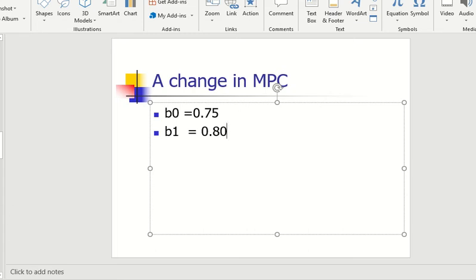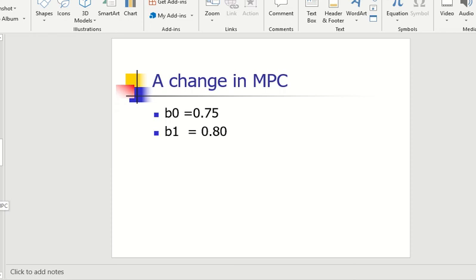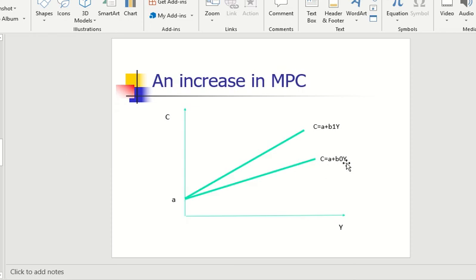Graphically, we have learned that that little b is simply the marginal propensity to consume. So if the marginal propensity to consume increases, the slope becomes larger. Graphically, you can see a steeper slope.